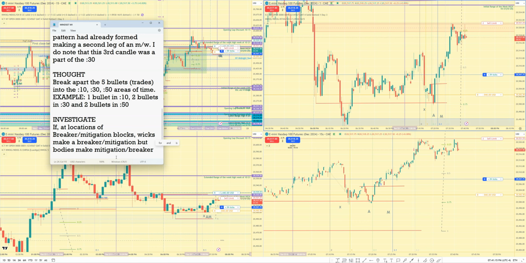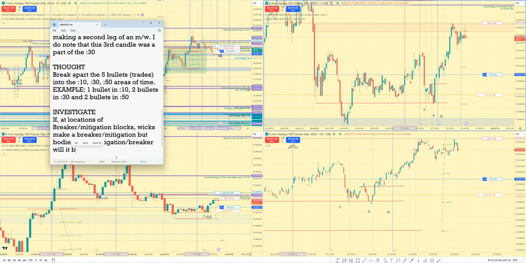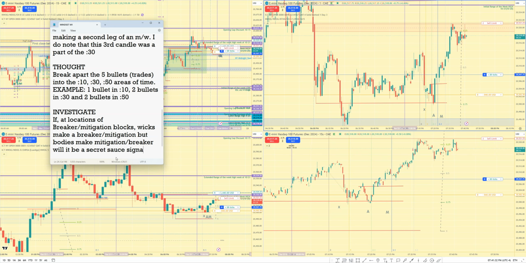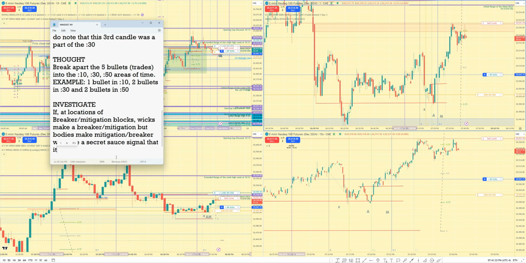If at locations of breaker slash mitigation blocks, wicks make a breaker slash mitigation, but bodies make mitigation slash breaker, will it be a secret source signal that it will be expected?